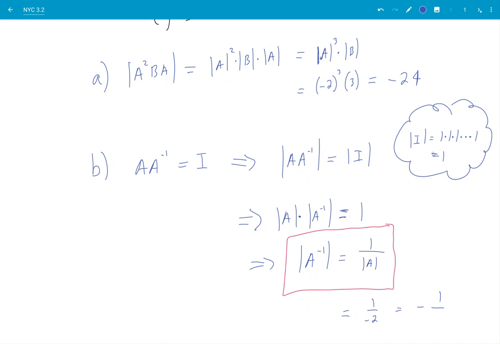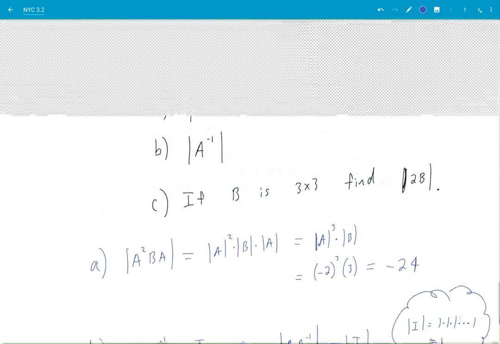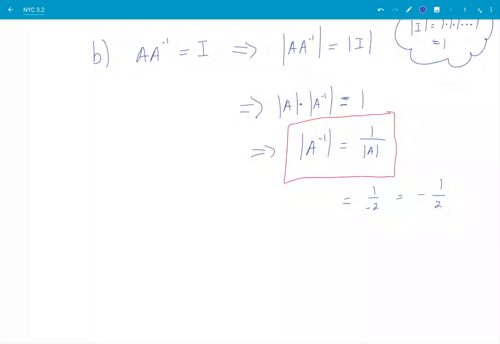And whatever, you can write that a bit nicer. That was right. A was, yeah, okay. C. Two B. 2 times B. So we'll do a little trick here.